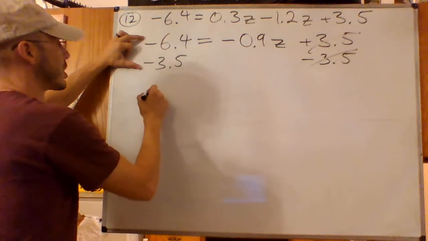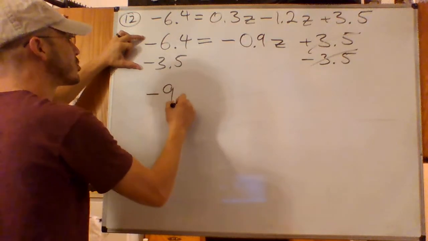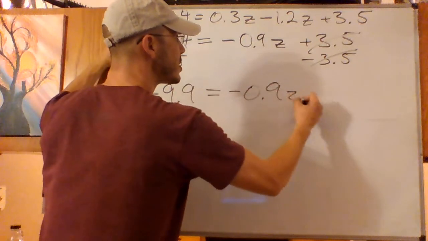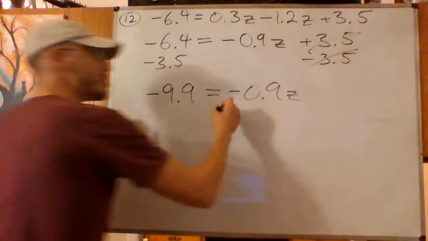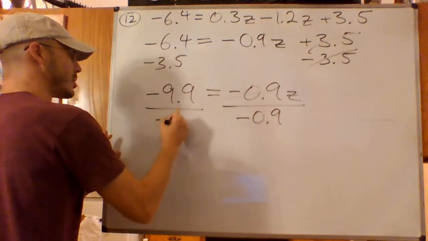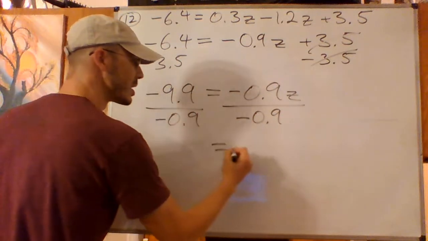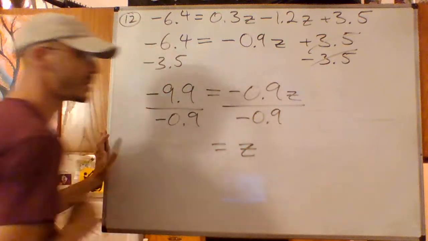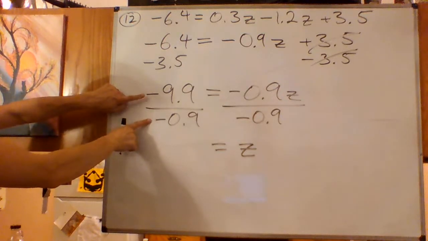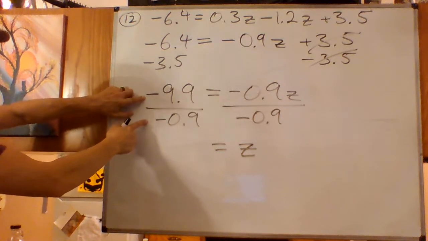These two combine to negative 9.9 equals negative 0.9z. And then finally I can divide by negative 0.9 to get z isolated on that side, and it's positive because it's a negative divided by a negative.